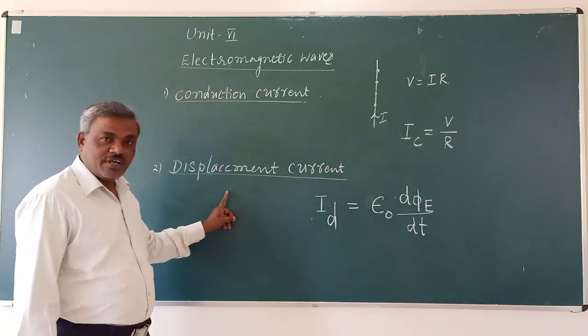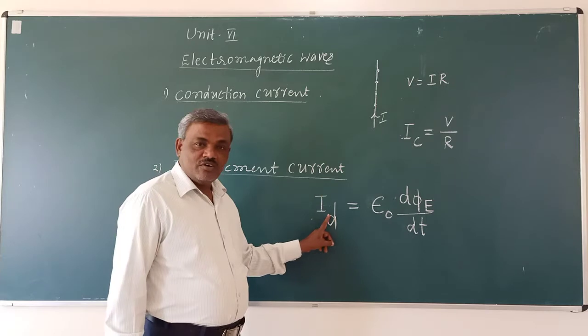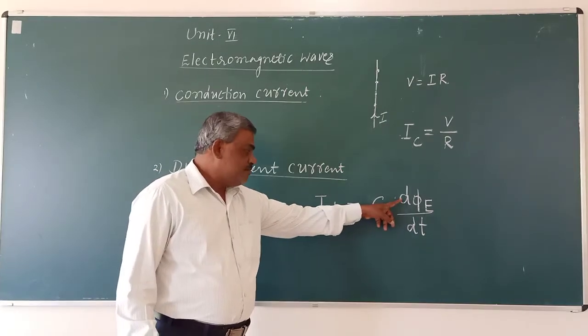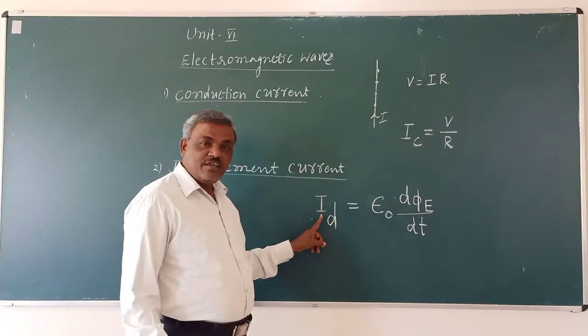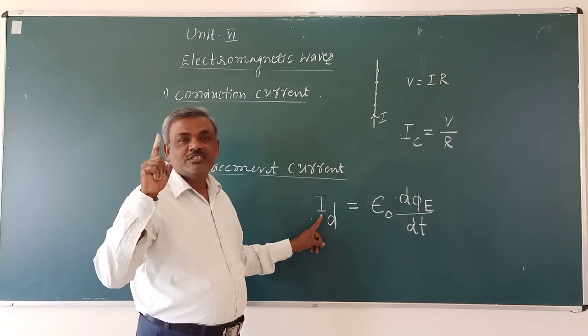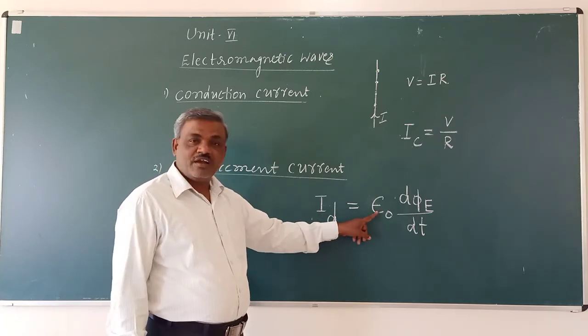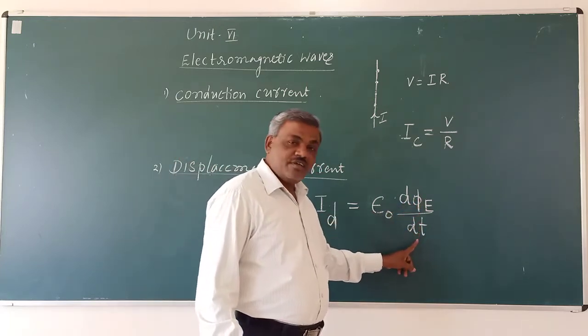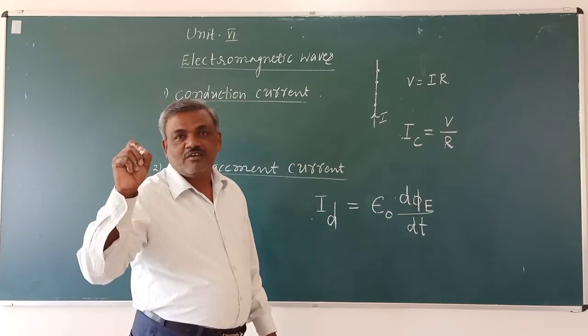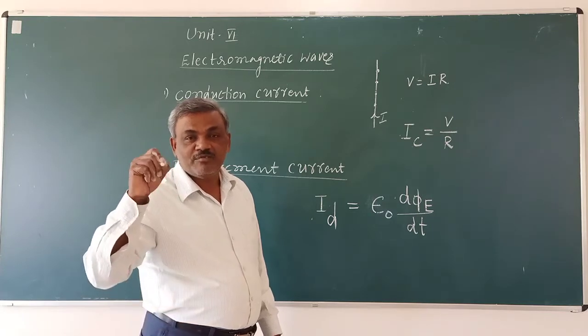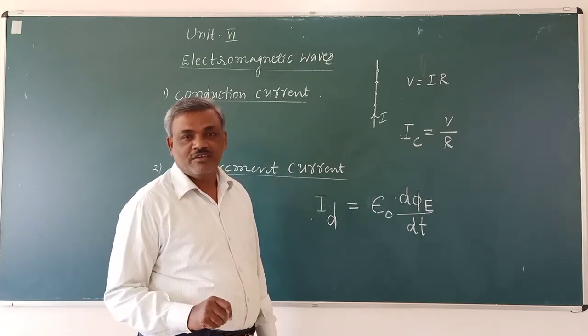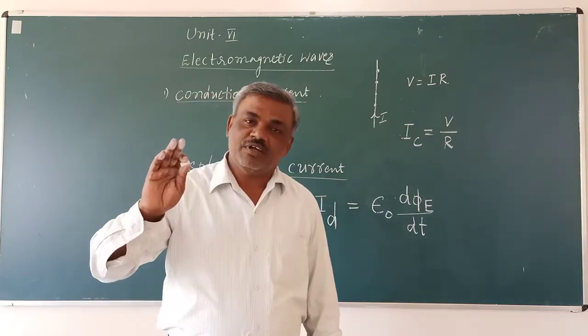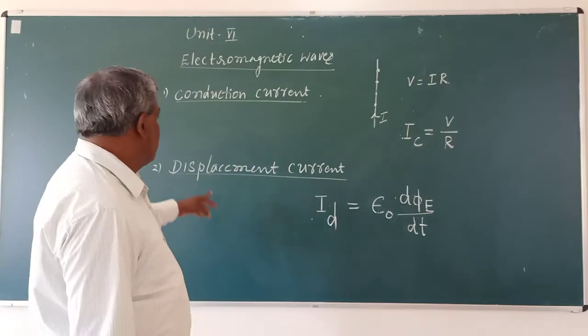The formula is ID equal to epsilon naught dΦE by dt. ID represents displacement current, epsilon naught is the permittivity of free space, and dΦE by dt is the rate of change of electric flux. This is a very important concept for 1 mark or 2 mark questions.